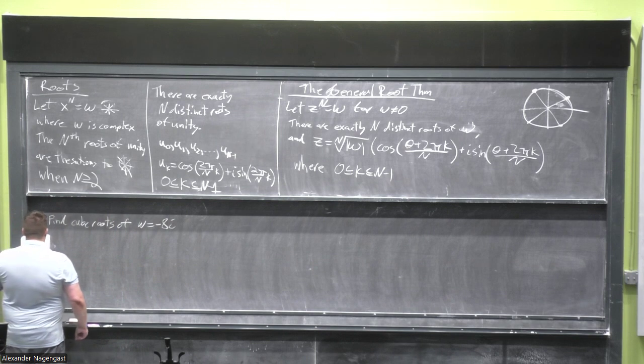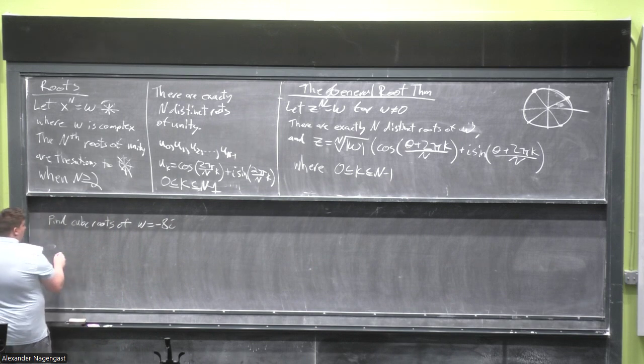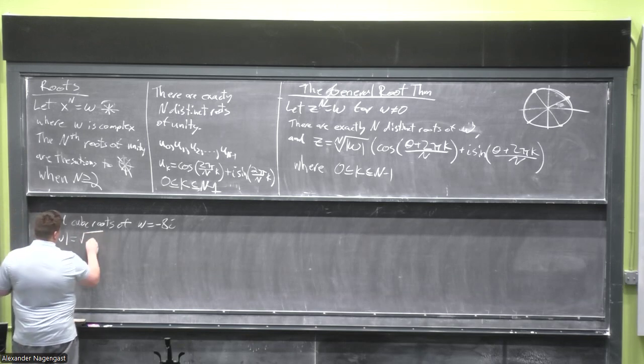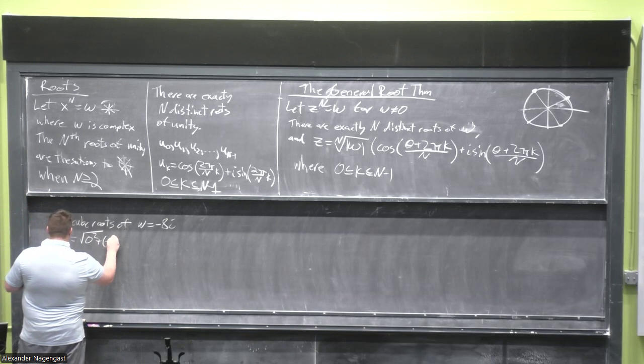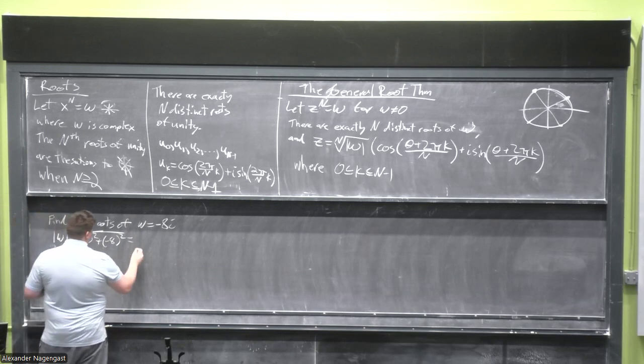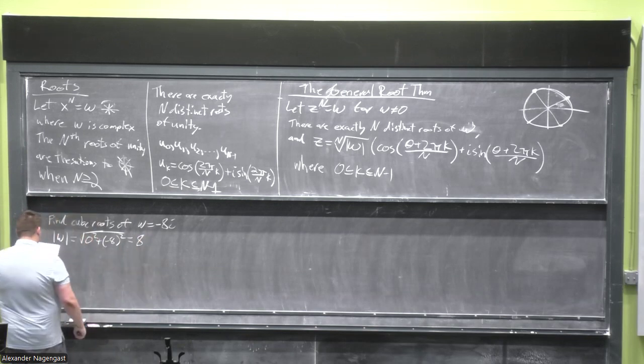So we first want to find the modulus of omega, which is the square root of 0 squared plus negative 8 squared, which equals the square root of 64, which is just 8.